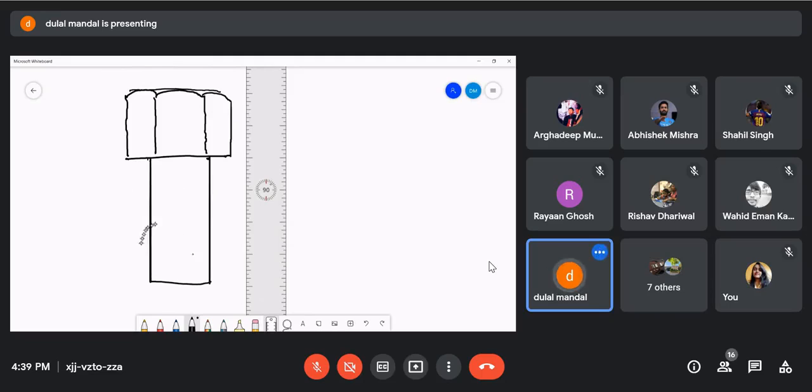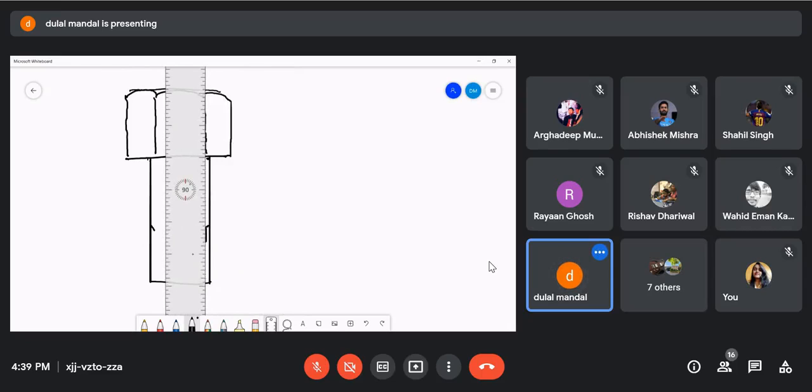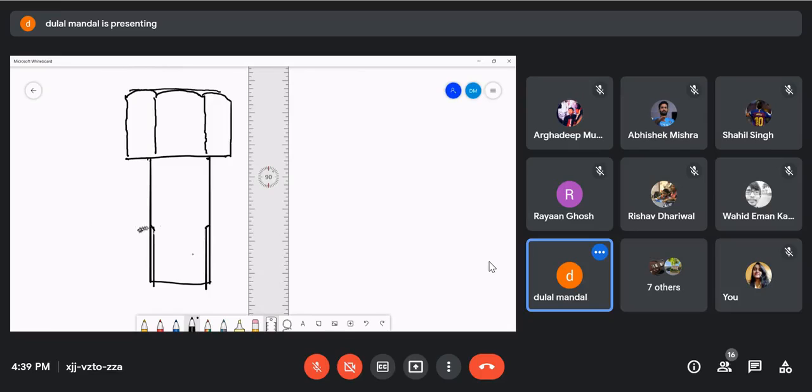Now suppose this portion, the bottom portion, is the threaded portion. How will it be shown? This is a central line.